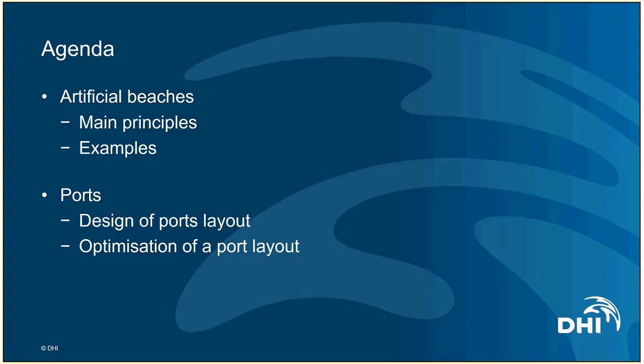Then we will look at some examples where these principles have been applied in real projects. Then we will have a look at harbors and some of the principles for the design of the harbor layout, and we will go through a project where this harbor layout has been optimized for diminishing the impact on the coast.